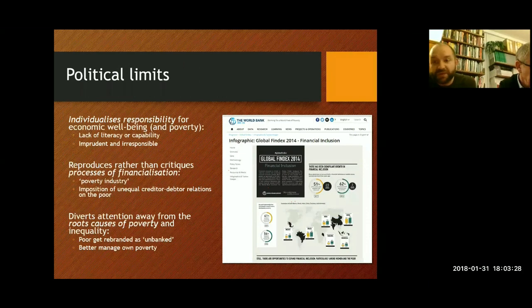That brings me to the third and probably most important limitation and critique of financial inclusion and exclusion policy, literature and the concept. A number of critical social scientists have argued that it shifts attention away from the structural determinants of inequality and uneven development, and individualizes the problem of poverty.